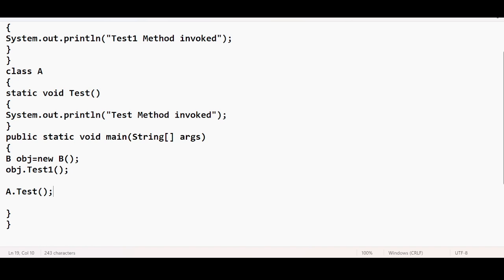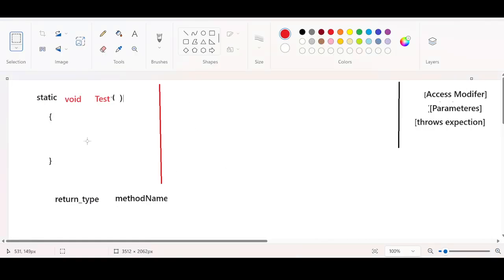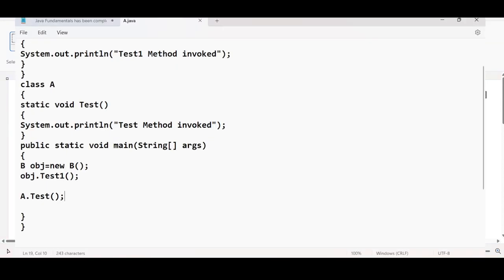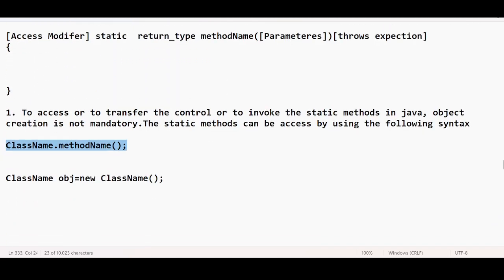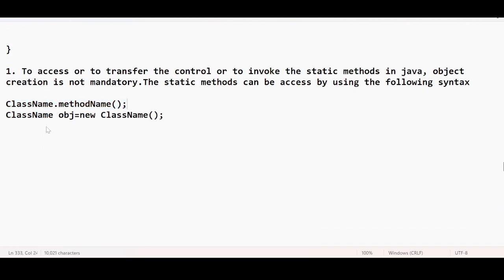Making sense? Okay, so now the difference is very clear. What is the difference between a static method and the non-static method? If you come across this question, you can draft the answer like this.